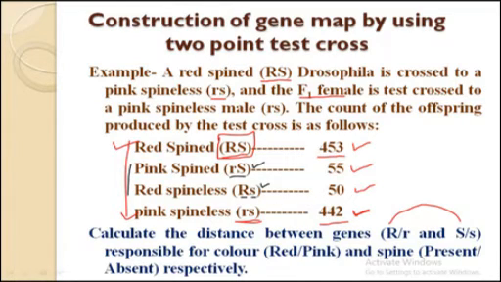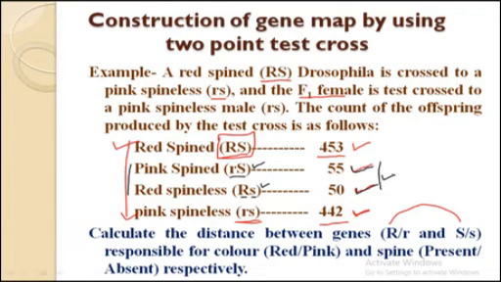It is also recognized by using their number. The number of recombinants is definitely lesser than the number of parental types. So the offspring which have a lesser number of progeny are definitely recombinant types.